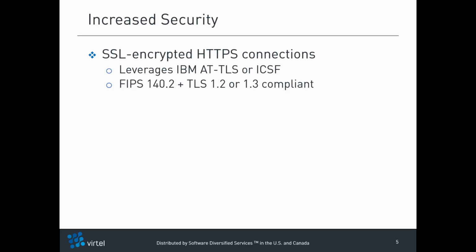Being that those are IBM-supported encryption products, the connections are guaranteed to comply with the latest FIPS and TLS levels. Today, FIPS 140-2 and TLS 1.3. Although Virtel can coexist with a VPN, a VPN is no longer needed for data encryption. As a matter of fact, some customers have dropped their VPN when they switched to Virtel, a significant cost and support reduction.